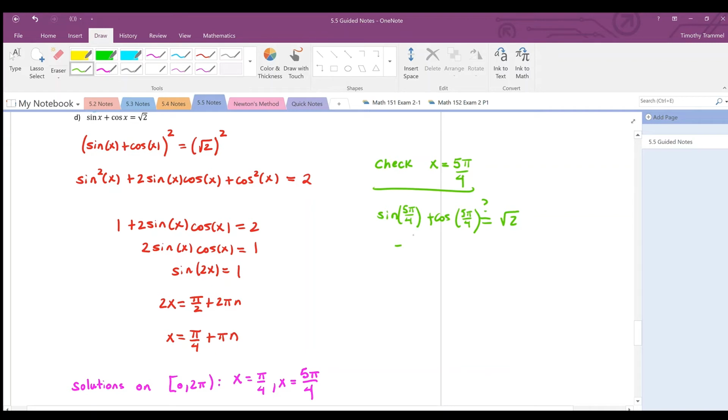So these are both going to be minus the square root of 2 over 2. If we add those two together, that will not give us the square root of 2. It'll give us minus the square root of 2. So x equals 5 pi over 4 is not a solution. It would be called an extraneous solution. So we only have one answer in the interval from 0 to 2 pi of that original equation, sine of x plus cosine of x equals the square root of 2.